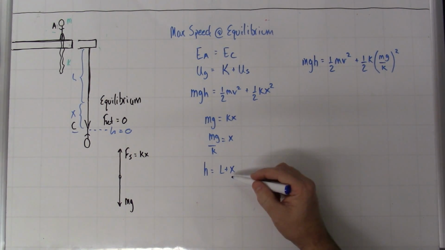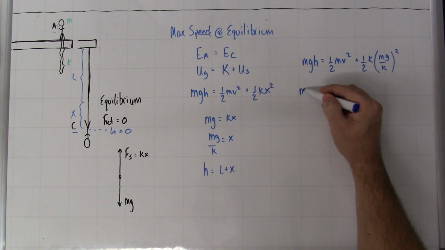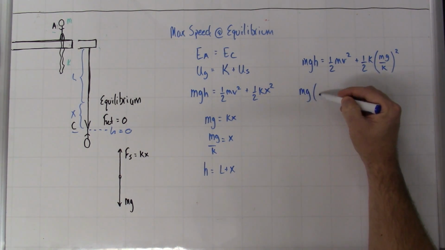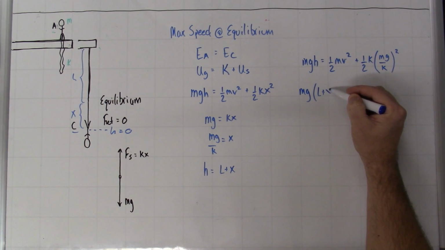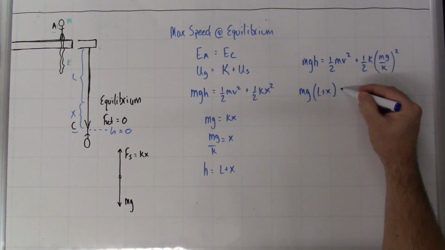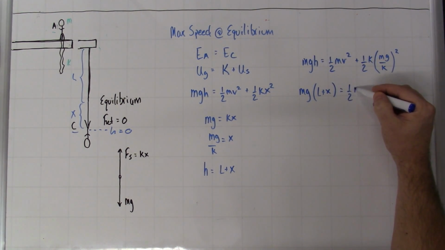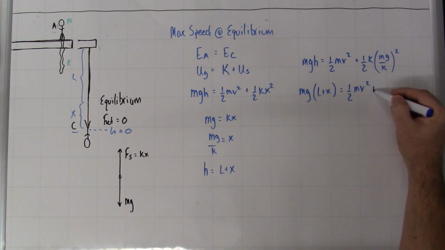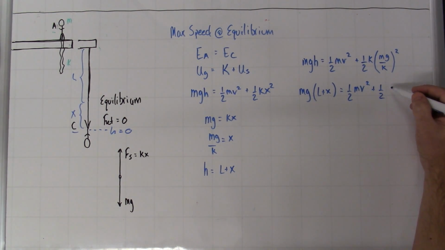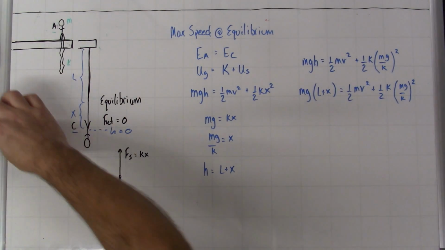On the left side, I know what h is equal to, so I have mg times L plus x is equal to 1/2 mv squared plus 1/2 k times mg over k all squared. With a little substitution here, we don't need to sub, we'll just leave it like it is. And let's see if we can solve.